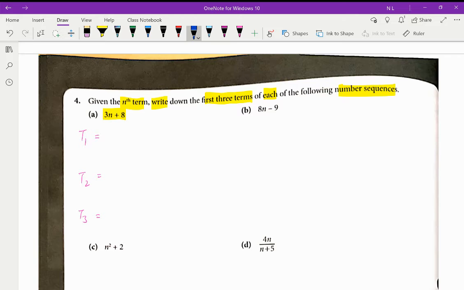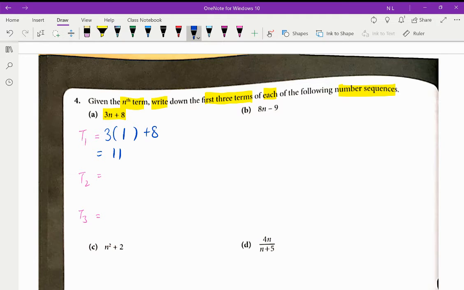So how do I use this expression here? I just replace my n with a bracket, just like how you would do for a formula, finding out some values. So 3, bracket, plus 8. Since I'm looking for the first term, my n will be 1. So 3 times 1 plus 8 will be 11.